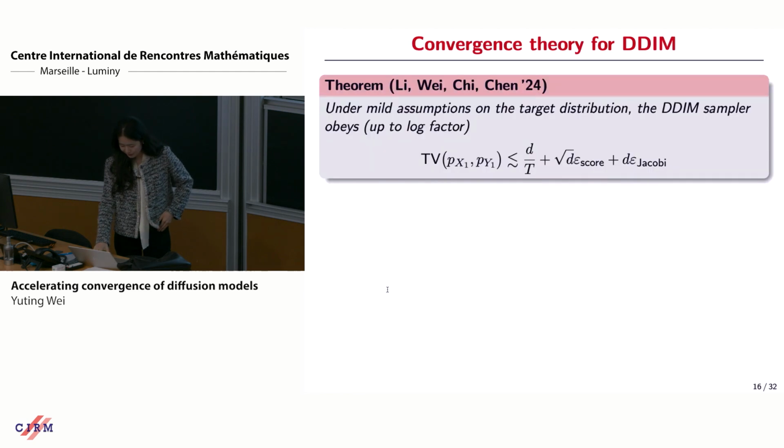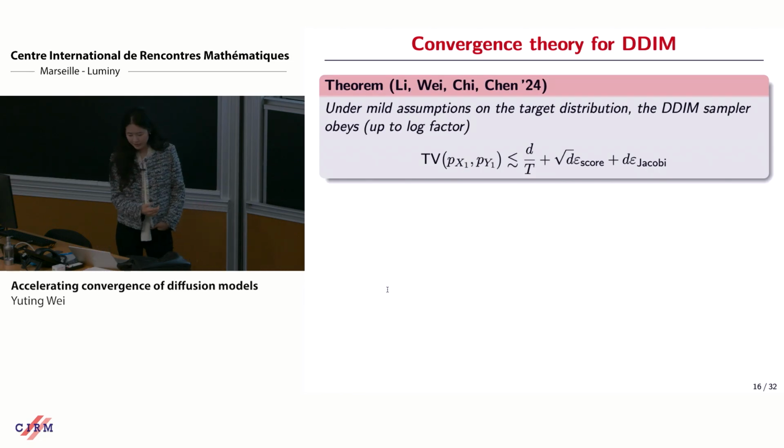All right, let's proceed. So our theorem states as follows. Under some mild assumptions on the target distribution, I will tell you a bit later what those mild assumptions are, the DDIM sampler satisfies the following.